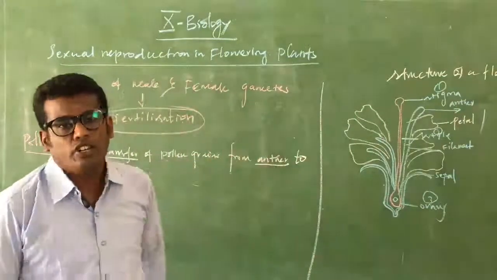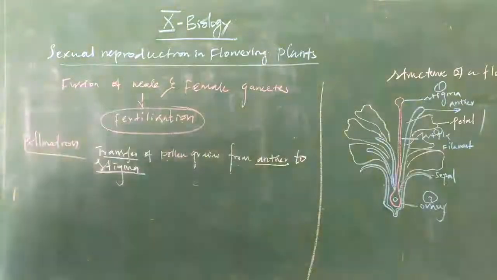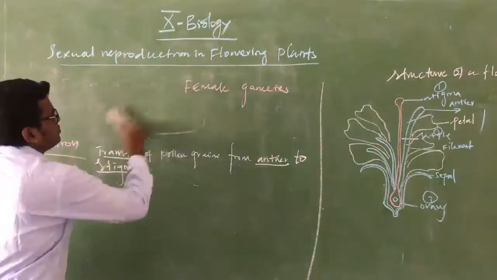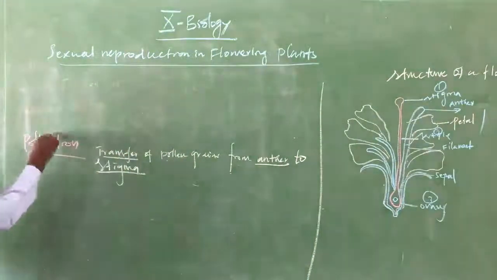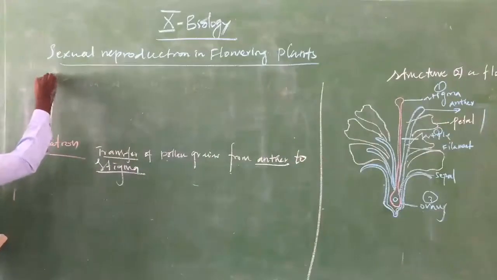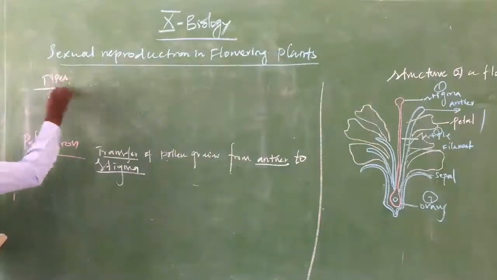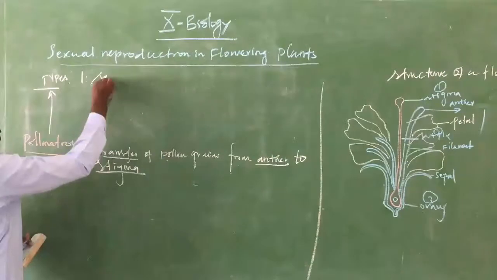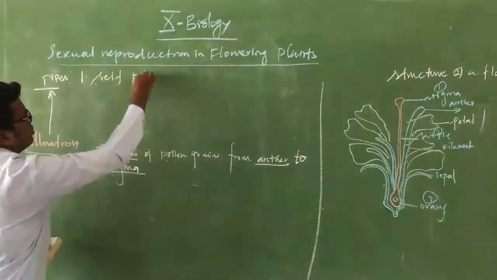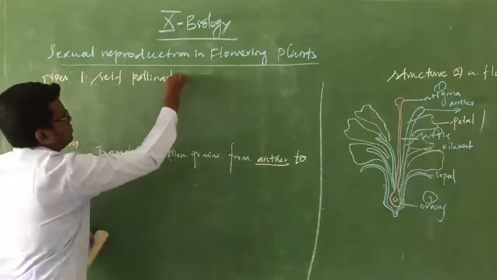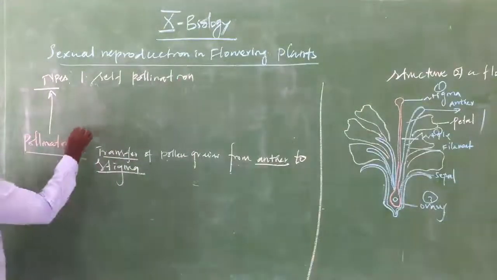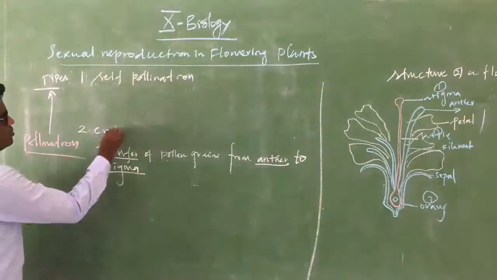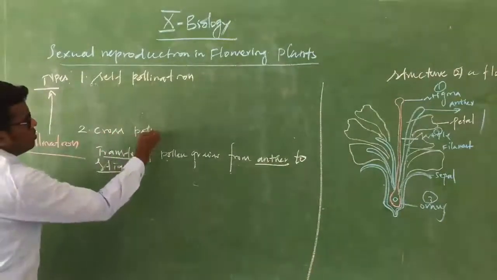Pollination compulsorily should occur. There are two types of pollination: the first type is self-pollination, and the second type is cross-pollination.